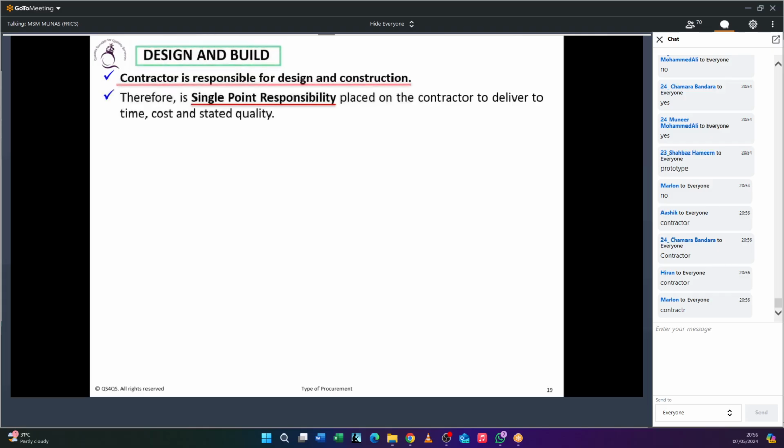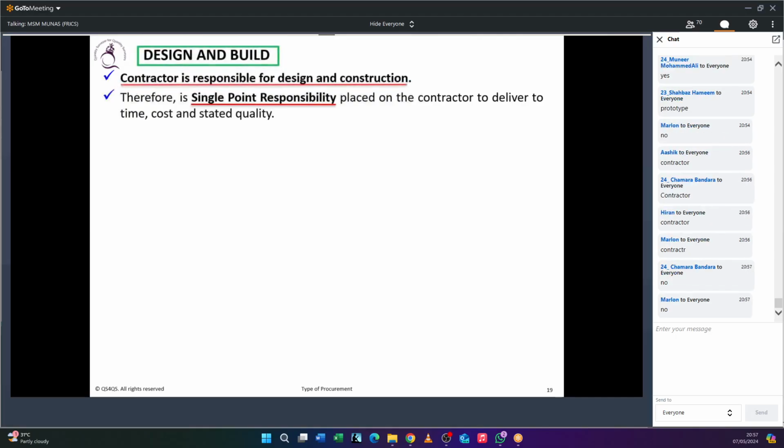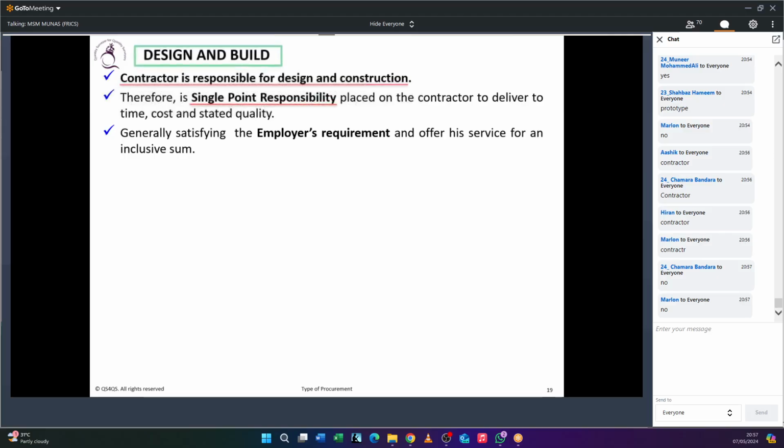Can we argue? The contractor will say engineer, or the engineer will say contractor. Now, is that workable? There's no question, right? Because it's only one person doing it all. So, single point responsibility is placed on the contractor. The contractor makes sure of the time, cost, quality, everything.